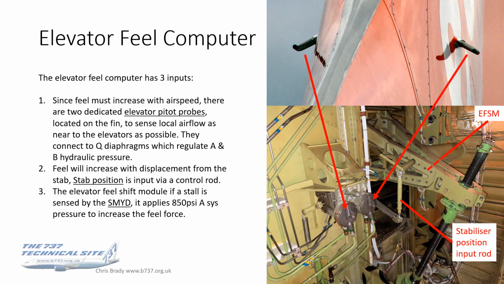It's effectively a stick nudger, but by another name or by another mechanism. And what it does is, as you approach the stall, it gives you up to 850 psi hydraulic A system pressure into the elevator feel computer to increase the feel force on the flight controls. So there are your three inputs to the elevator feel computer.